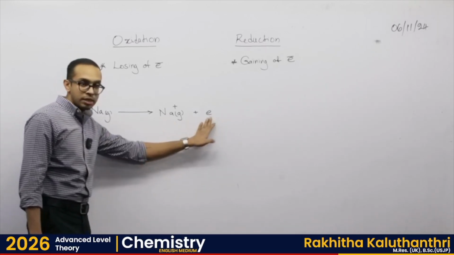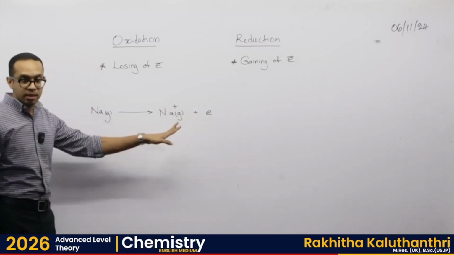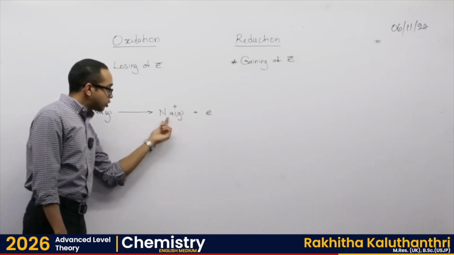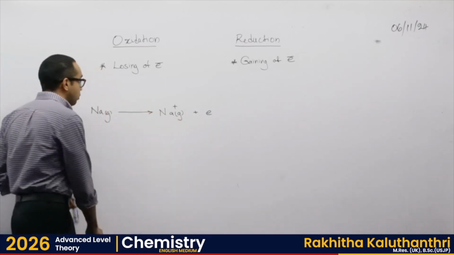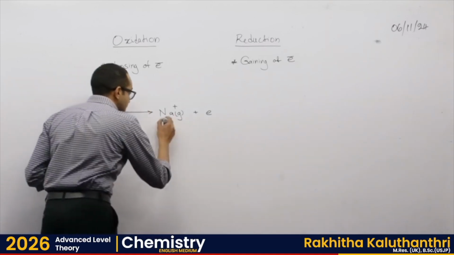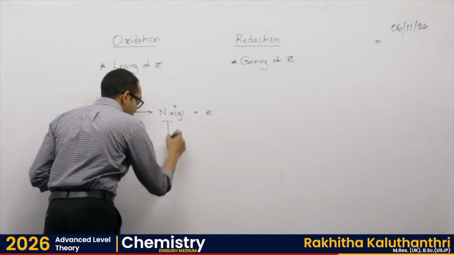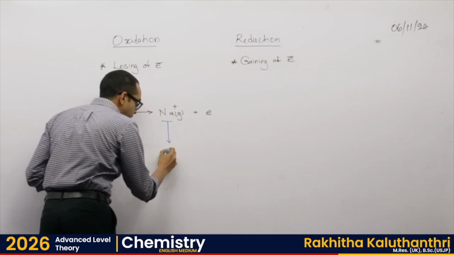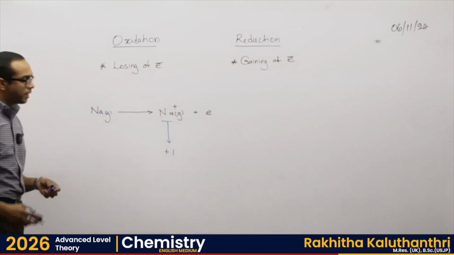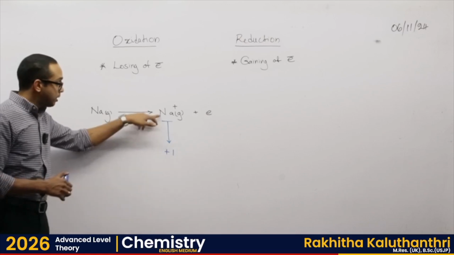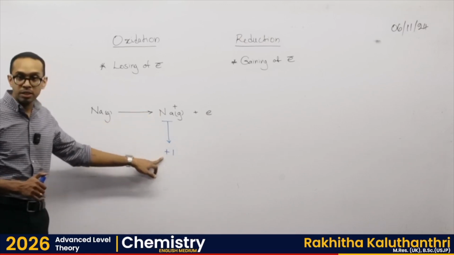So this is an oxidation that has taken place, right? So over here the charge we see on this particular ion is referred to as its oxidation state. So we can say sodium is in +1 oxidation state.